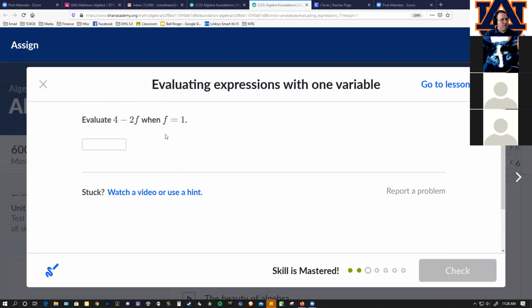Looking at this one, we'll do one more, then I'll move on to something else. Let me draw. Okay, now my annotation tool is bugging out.